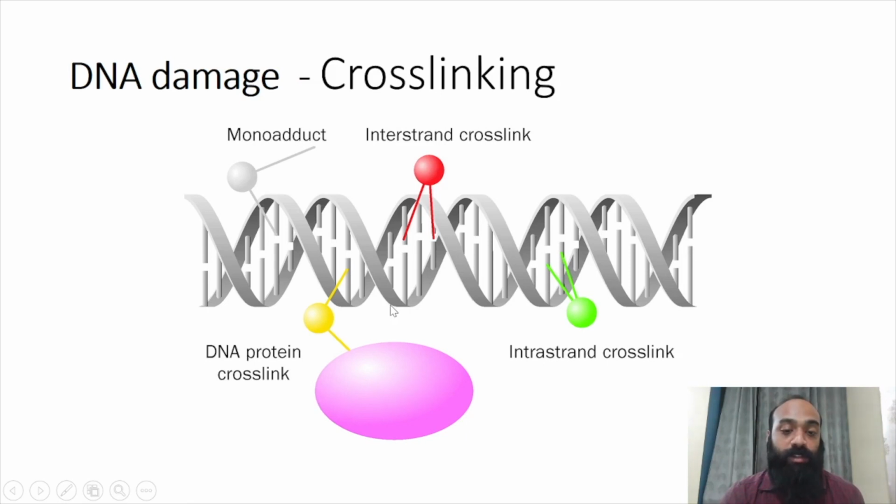Another type of cross-link you can see over here is that some adducts can form a link between a base of the DNA and a protein that is found in the nucleus. When this happens, a very large protein is bound covalently to the base, where it is not supposed to be.